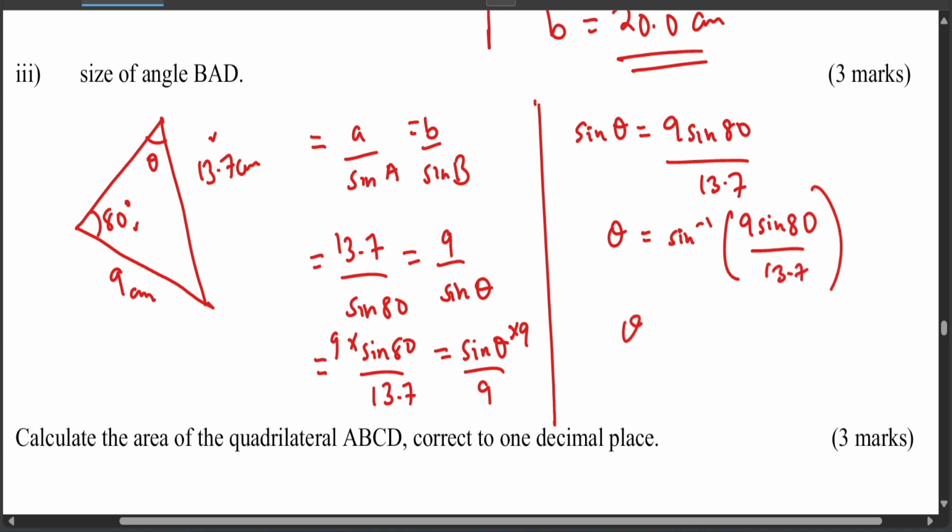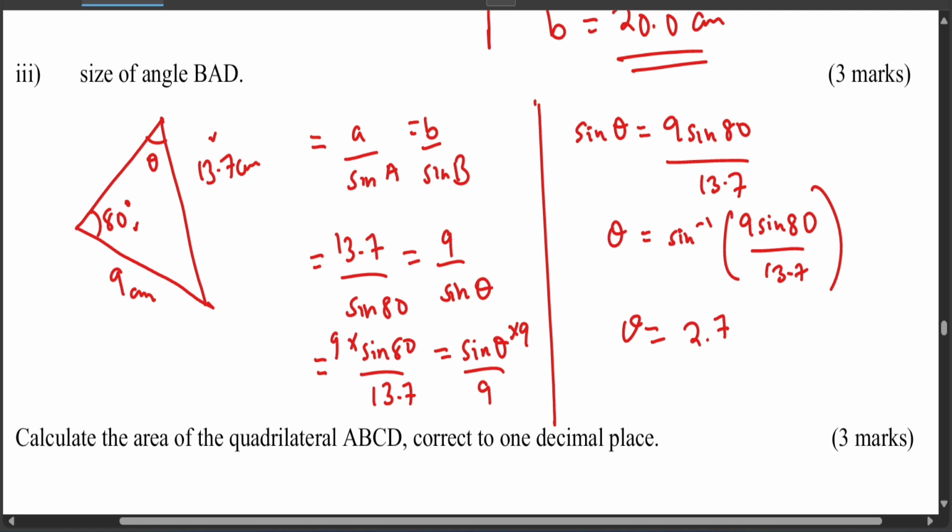So theta ni ngapi? So chukua 9 sin 80 divided by 13.7, itakupa 0.6469. Ukifanya sin inverse ya hiyo, so ushapata answer, itakupa 2.70668.